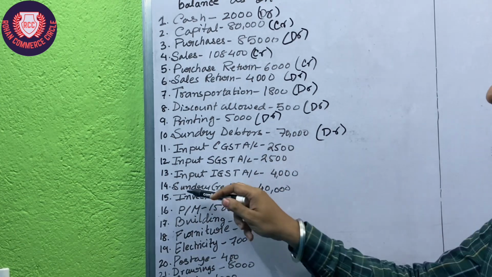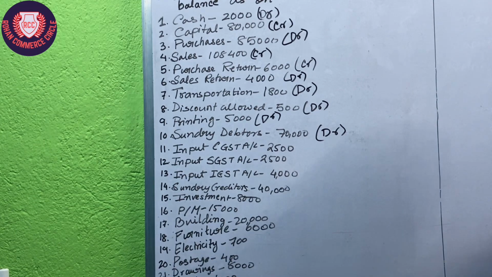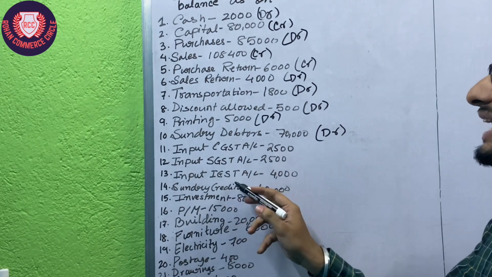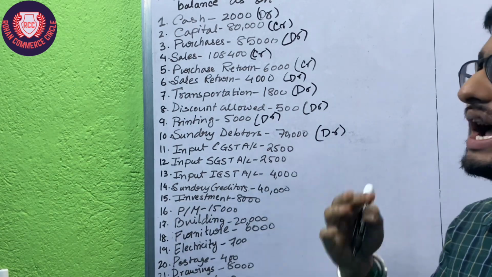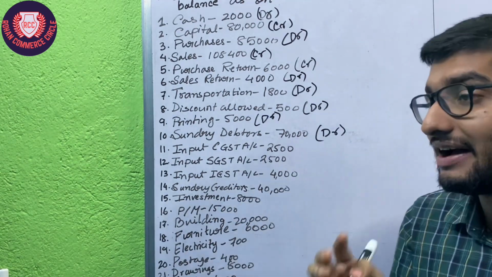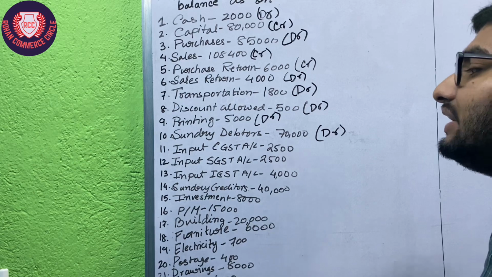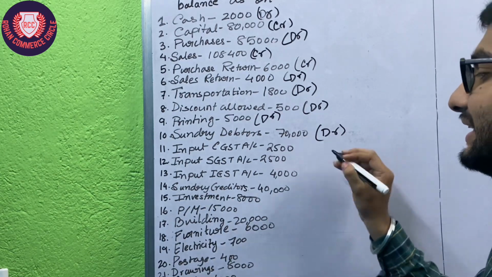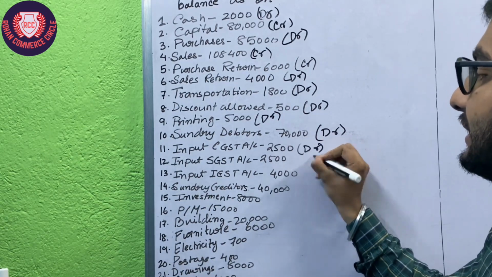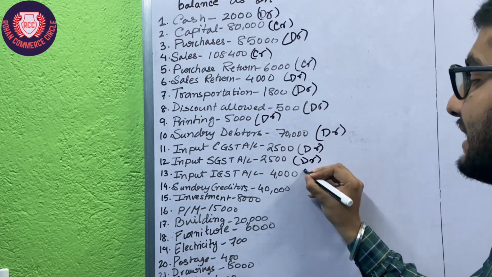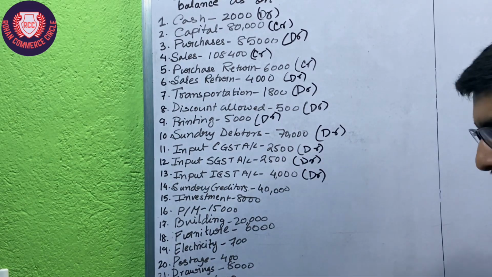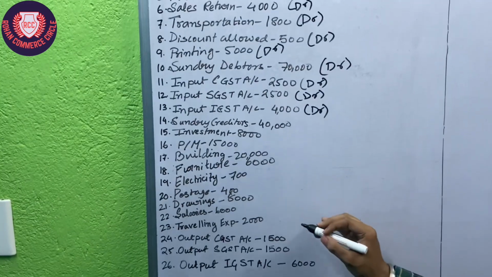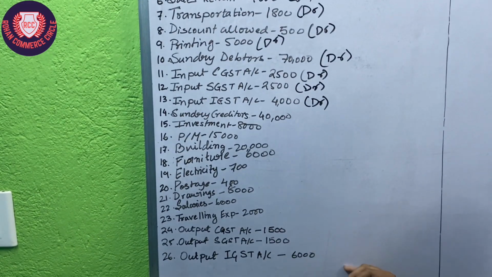Next is input IGST, that means Integrated Goods and Service Tax. These we all have to pay the tax. That means these are our expenses, so we will be debiting these. Similarly, the output CGST, SGST and IGST we will just credit.